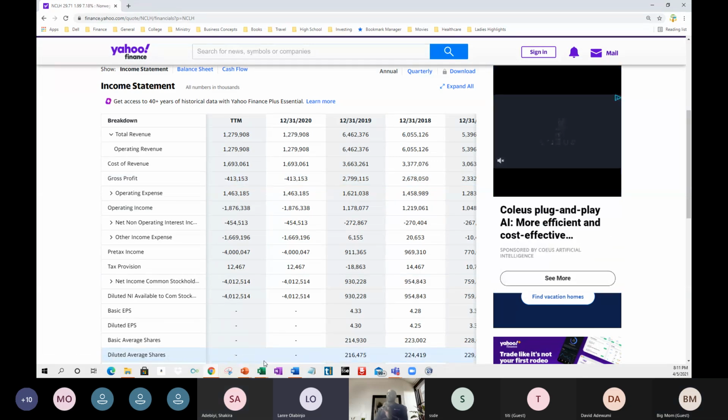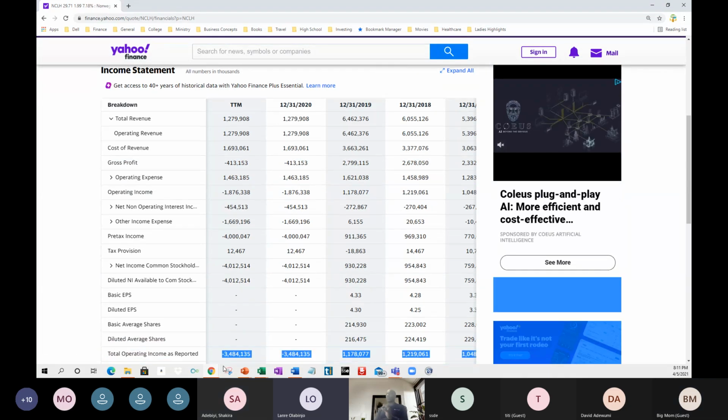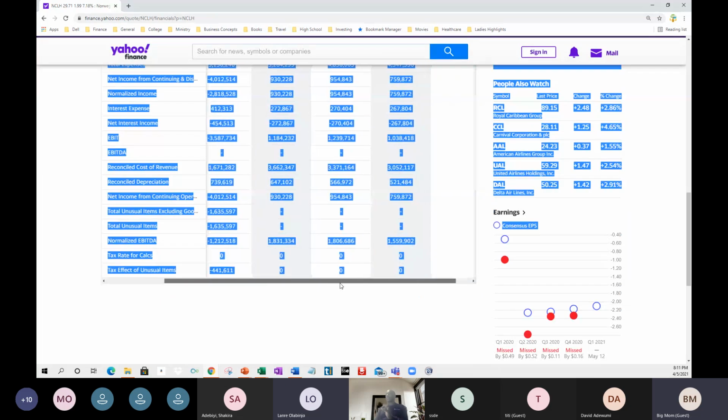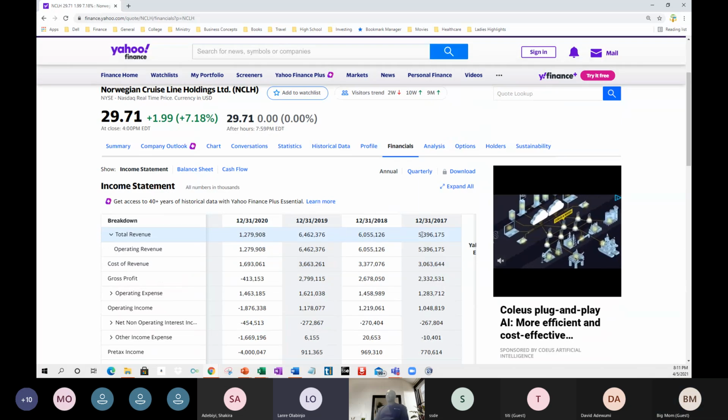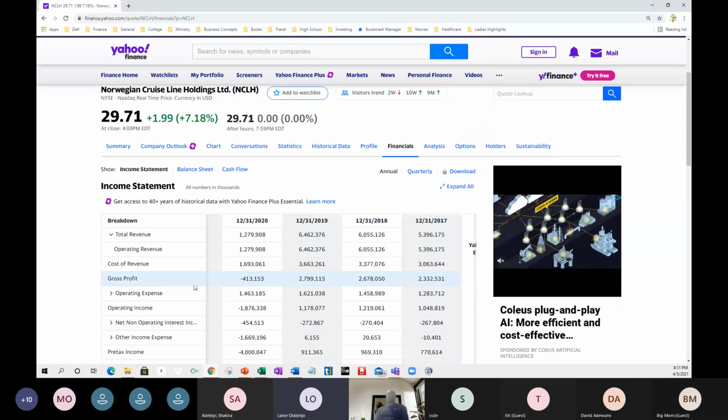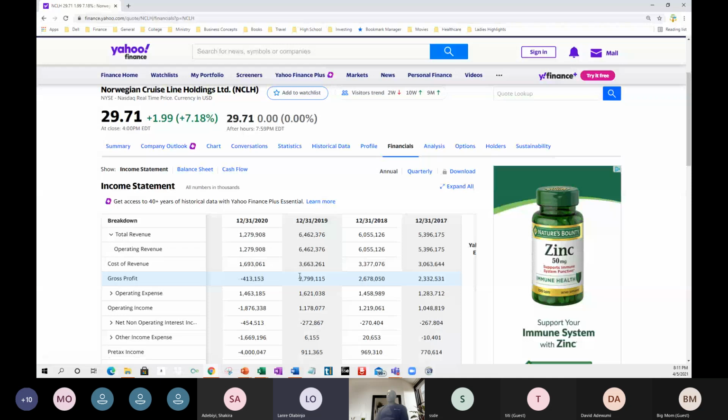Really and truly, if you look at this company a little bit more closely, let me scroll to the right. Over the last 5 years or so, they've had positive gross profits. They made 2.3 billion in 2017, 2.7 billion in 2018, 2.8 billion in 2019.